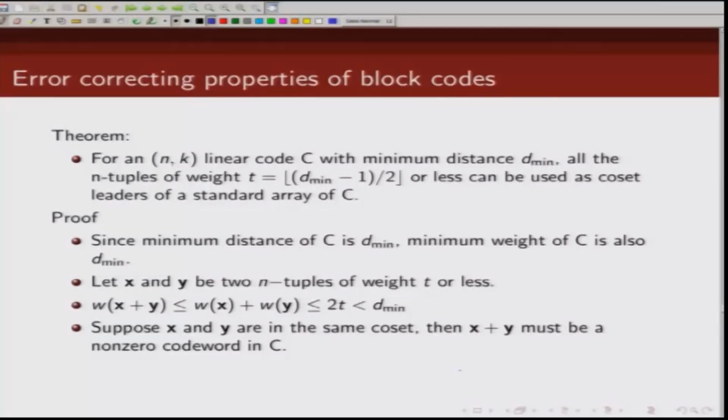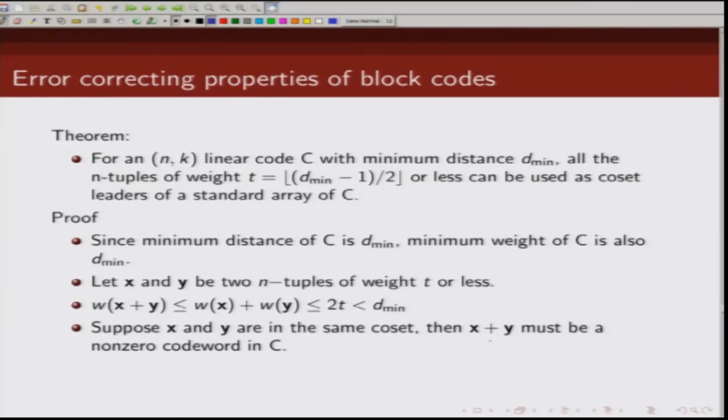Now, let us assume that these x and y, which are error patterns of weight t or less, are not coset leaders. So, let us assume they are in the same coset, in the same row. If we assume x and y are in the same row or same coset, then x plus y must be a code word. Why is this so?